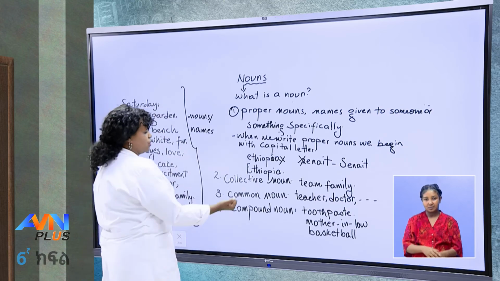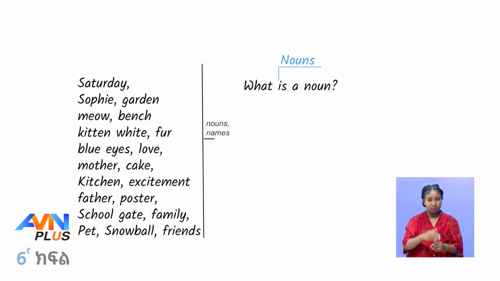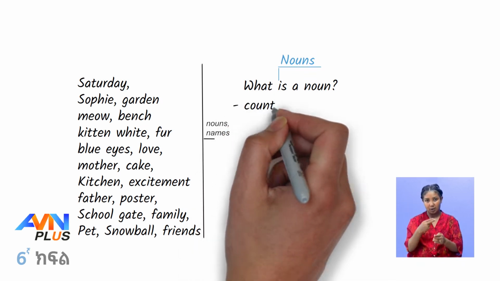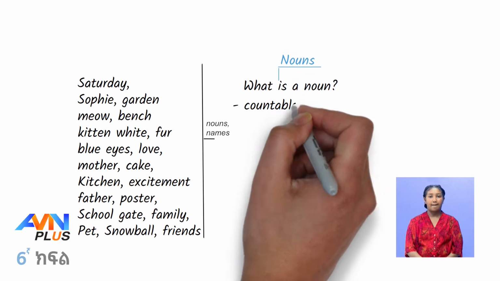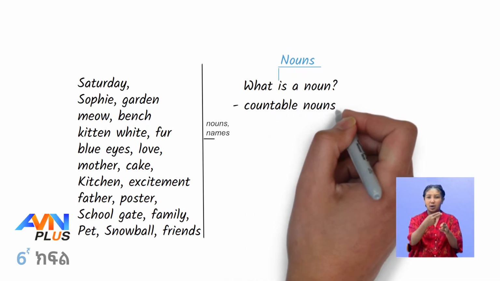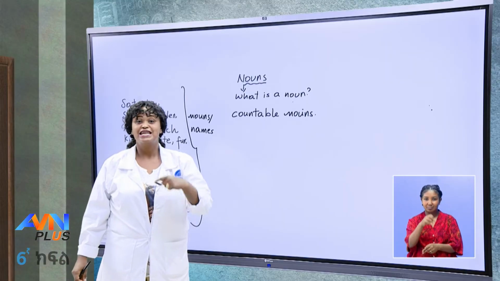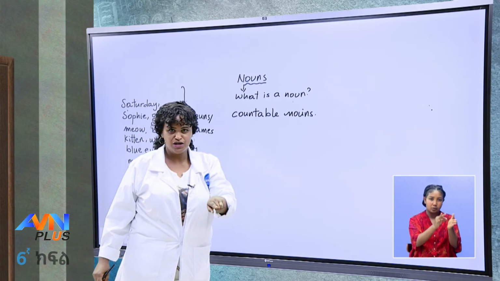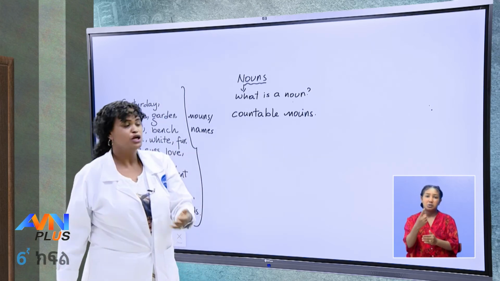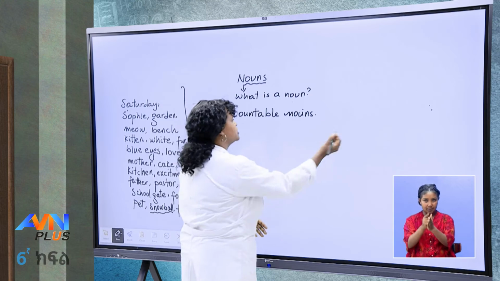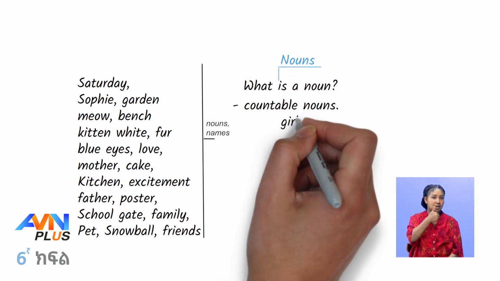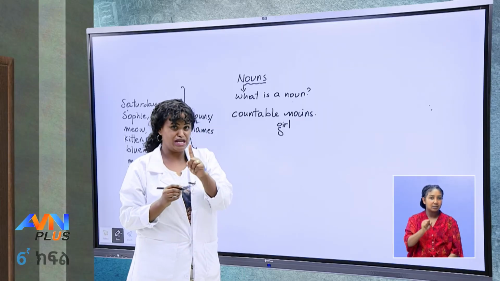There are also countable nouns. What do we mean when we say countable nouns? Yes, nouns that you can count, or nouns that become singular and plural. For example, girls. Girl is also a common noun.